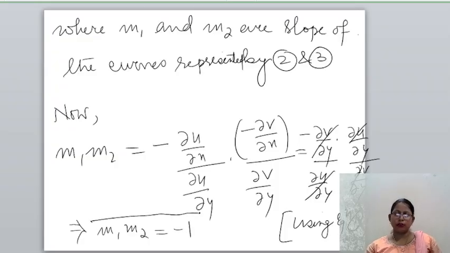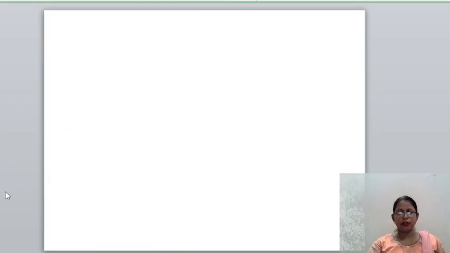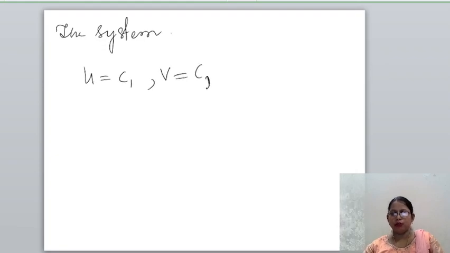Since the product of the slopes of the two curves is minus 1, the given families of curves cut each other at right angle, hence the system u equal to c1 and v equal to c2 are an orthogonal system.